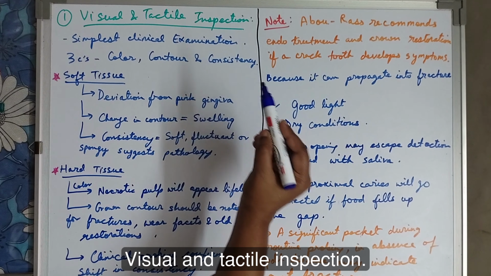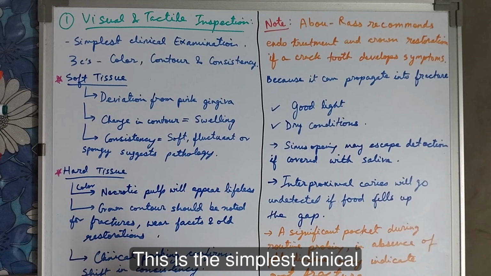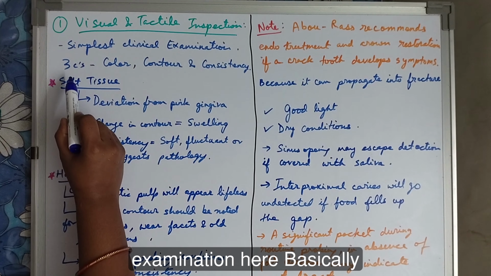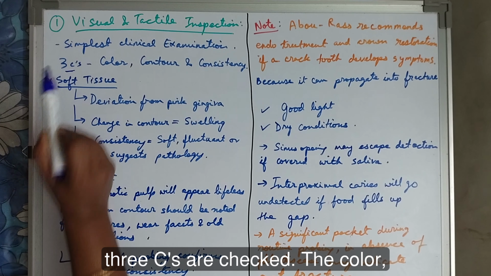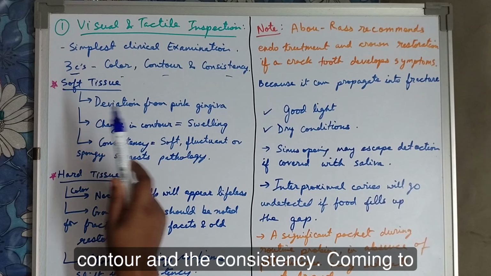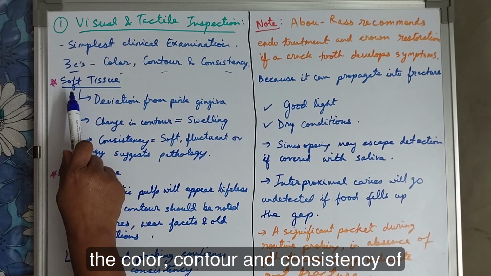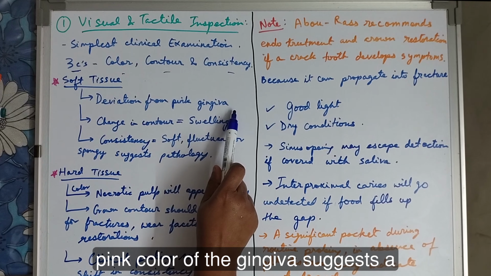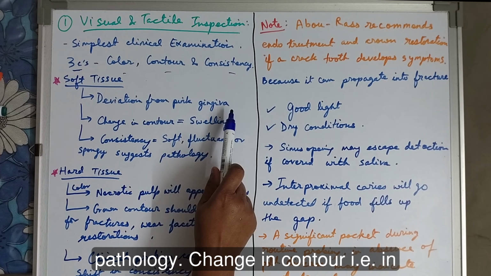Visual and tactile inspection. This is the simplest clinical examination. Here, basically, three C's are checked: the color, contour, and consistency. Coming to the color, contour, and consistency of soft tissue, deviation from the pink color of the gingiva suggests a pathology.